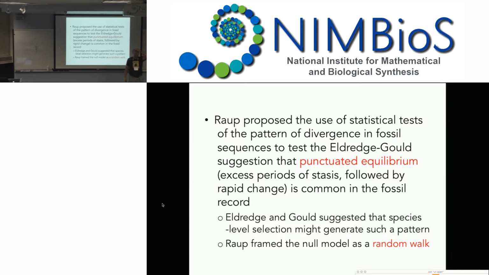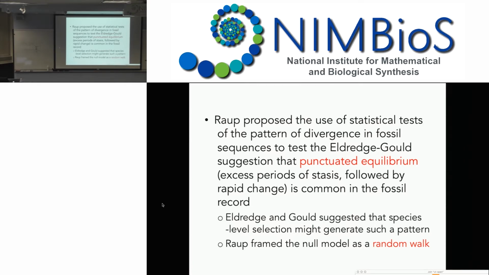And what they argued was that this pattern suggested typical Darwinian natural selection wouldn't be sufficient. You probably have selection on the order of between species. So it's not an anti-evolution argument, it's just a different level of resolution. We'll talk about those on the last day as well. That was the setting for this. So Raup proposed the use of statistical tests to ask if this punctuated equilibrium pattern is common in the fossil record or not.